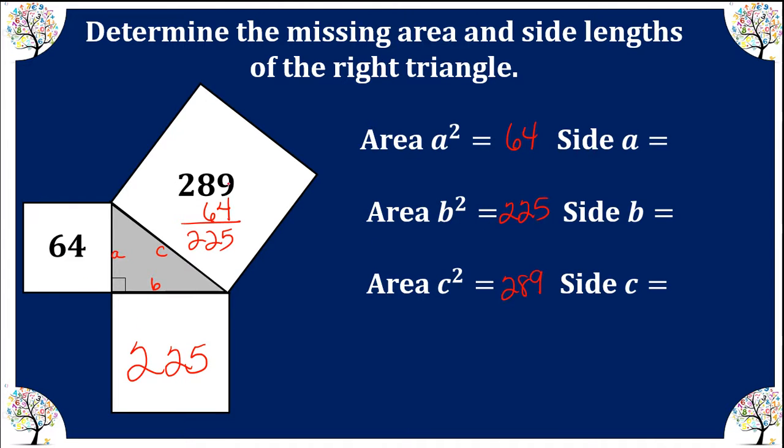So these are the areas, and now we want to take the square roots of the areas of the squares to get the lengths of the right triangle. The square root of 64 is 8. The square root of 225 is 15. And the square root of 289 is 17.